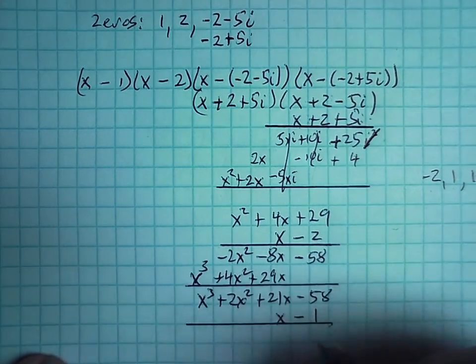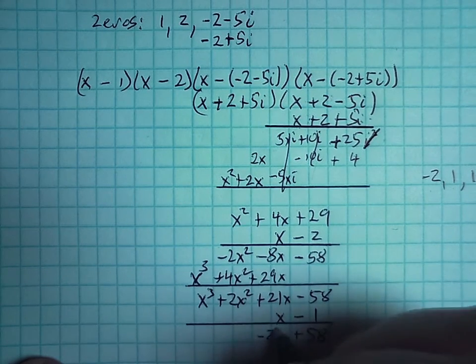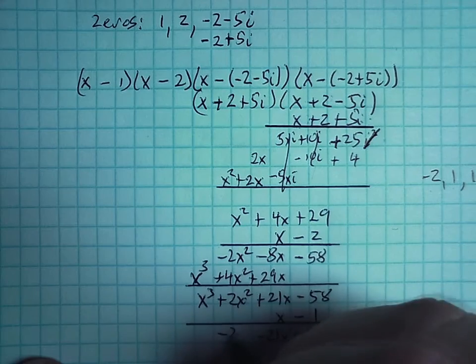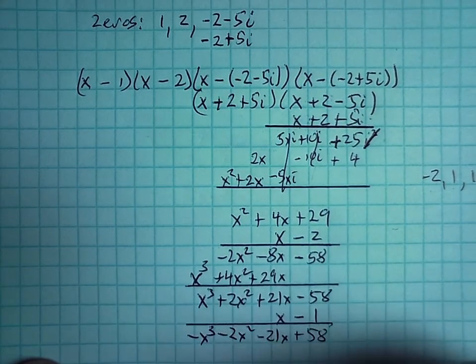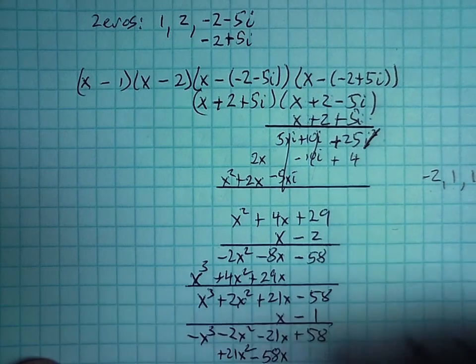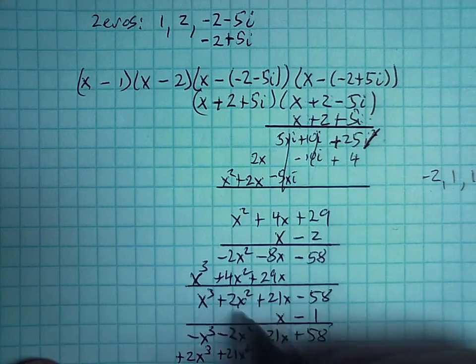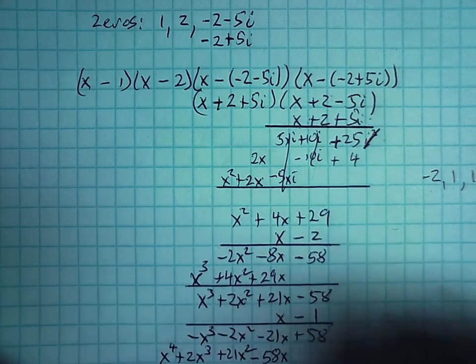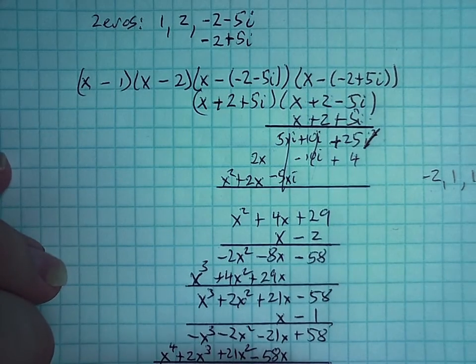So when I multiply negative 1 through, I'm going to get positive 58, negative 21x, negative 2x squared, and negative x cubed. When I multiply the x through, I'll get negative 58x, positive 21x squared, 2x cubed, positive 2x cubed, and x to the 4th, which shouldn't surprise anybody because I said right at the beginning this was going to be a 4th degree polynomial.